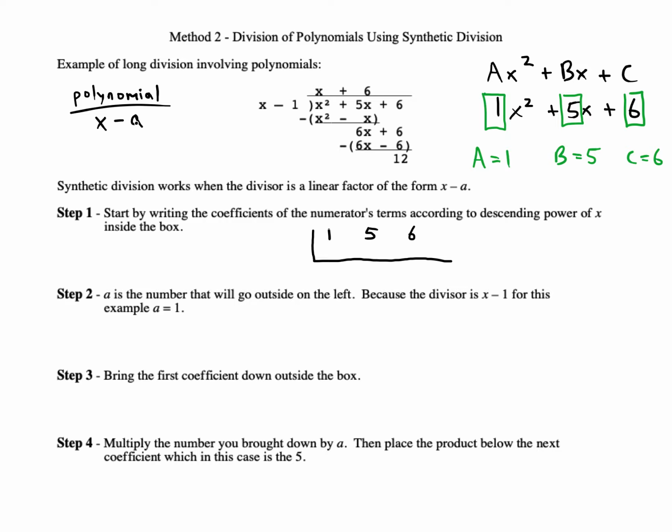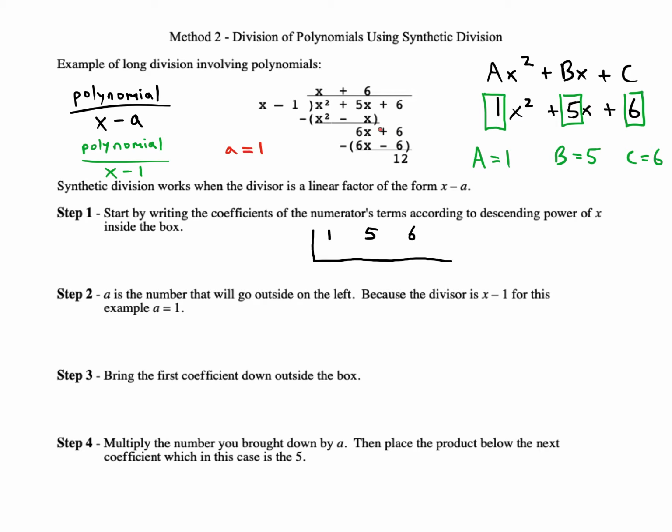So we'll just have what's called a binomial of two terms. And for our particular problem, we have a polynomial being divided by x minus 1. So it's clear here that our little a is going to be a 1.